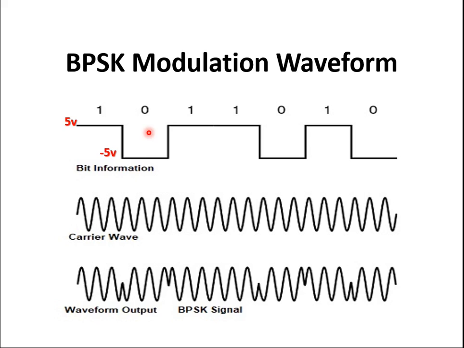Now for the logic 0 it is minus 1 volt or minus 5 volt. Minus 5 multiplied by x is my minus x. You can observe the carrier signal is going up, but the signal is going down. So x multiplied by minus 1 will give me minus x. It is an inverted version of this carrier.